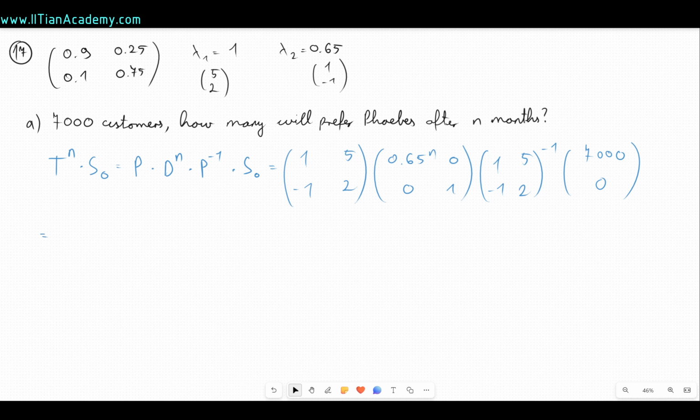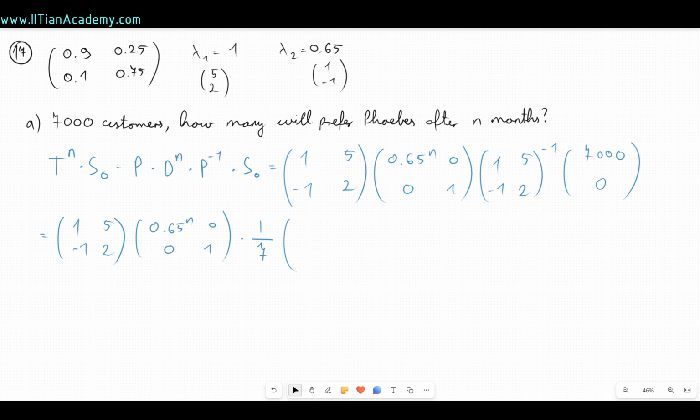We can first calculate the inverse of that matrix. We can find the inverse of a 2 by 2 matrix very easily. We simply need to multiply with 1 over the determinant. Here the determinant is 2 minus (-5), so we divide by 7.